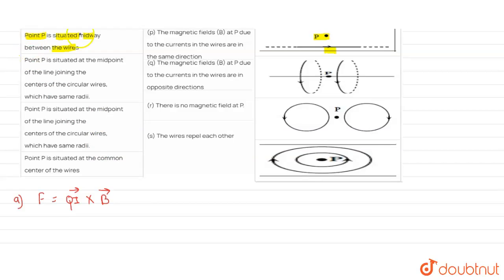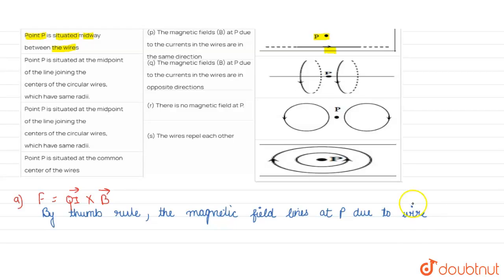So I can write it here also that by thumb rule, the magnetic field lines at P due to both wires are in opposite direction.